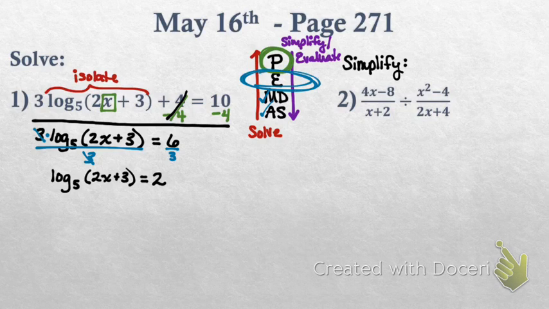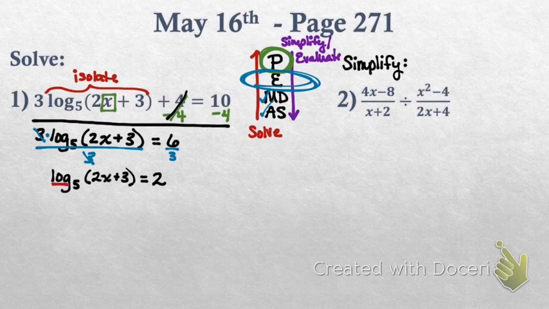Exponents. While I don't see any powers, I do see something that undoes powers. What's up here that reminds me of exponents? 5 is the base on the log. Log is what I see that reminds me of exponents here.